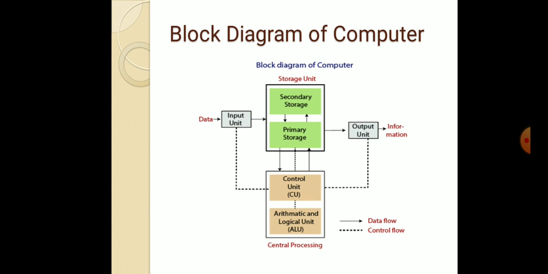In this block diagram, if we want to enter data into a computer, the data is in the form of raw material. When the data is entered with the help of the input unit, it will be processed, and for that processing we have a part that is central processing, or we can say the CPU.